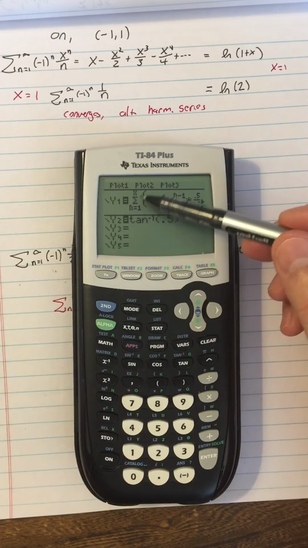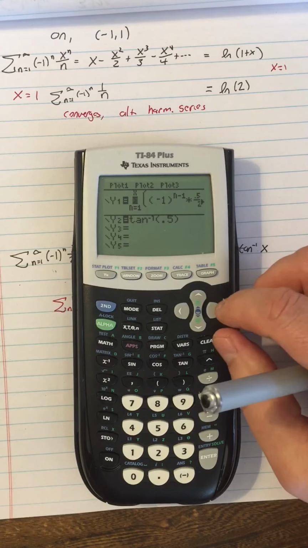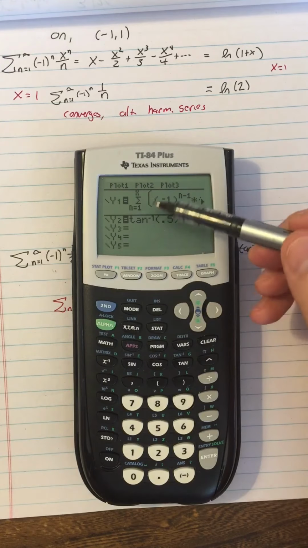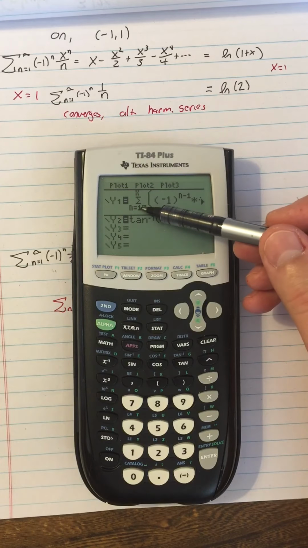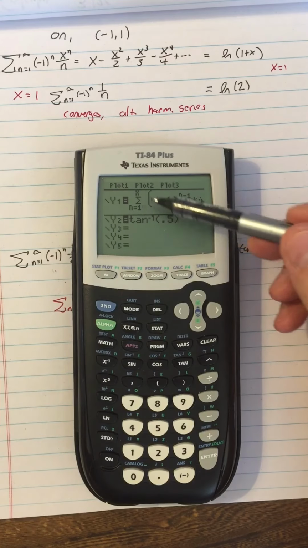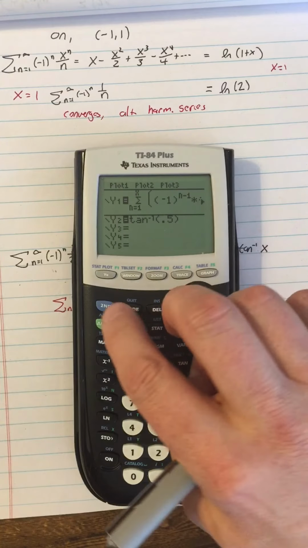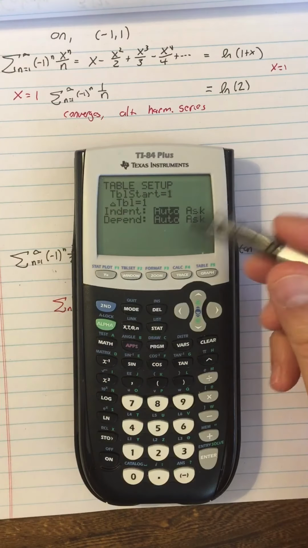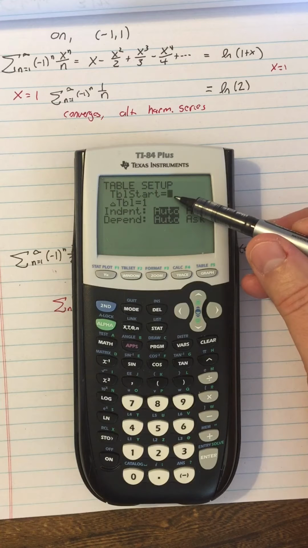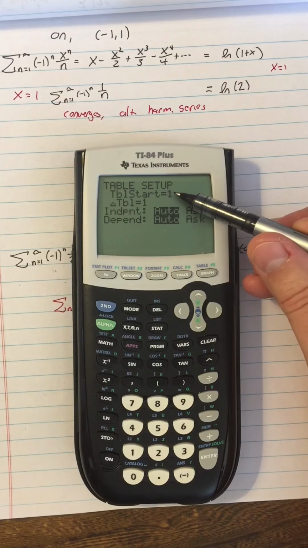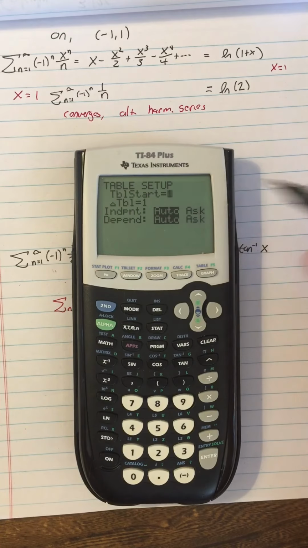What this is going to do is give me x partial sums. So when x equals 1, it's the sum from 1 to 1. When x equals 2, it's 1 to 2, 1 to 3, etc. And the way I set the table up, that x, which is really the partial sum that I'm taking, starts at 1 and increases by 1 every time.